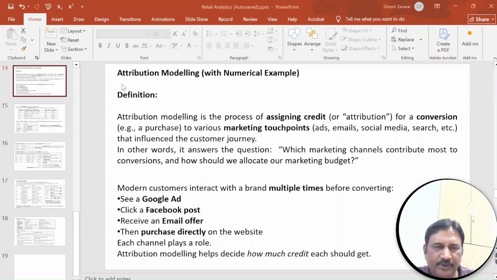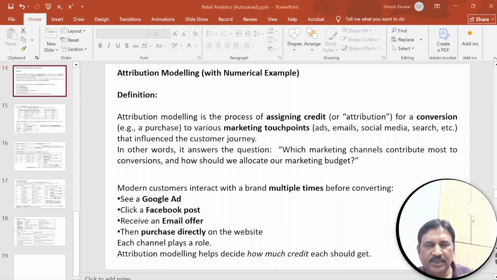Now we will be dividing 5,000 by 8,000. We get 0.625, and in percentage it comes to 62.5%. Then 2,000 divided by 8,000 gives 25%, email 1,000 divided by 8,000 is 12.5%, and 0 by 8,000 gets 0%.